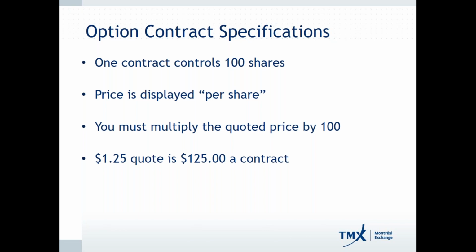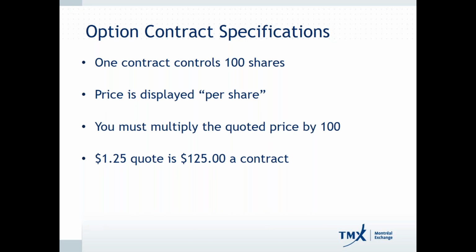First of all, for the vast majority of products, each option controls 100 shares. So if I bought 10 call options, I'm controlling 1,000 shares. If I bought 7 call options, I'll be controlling 700 shares.